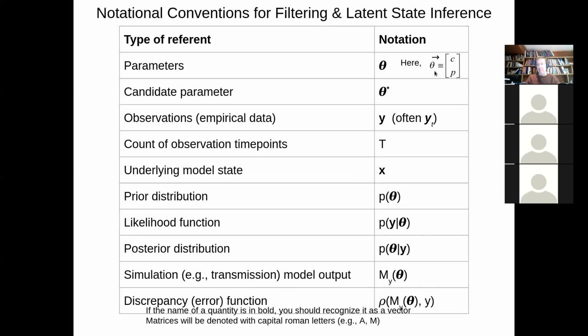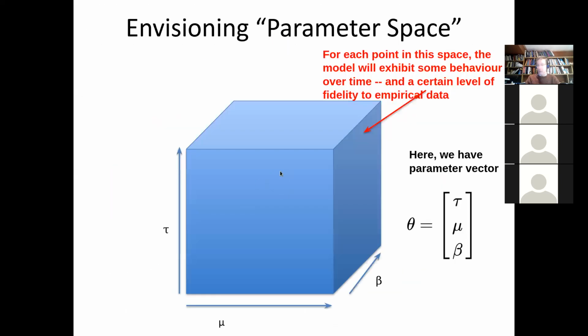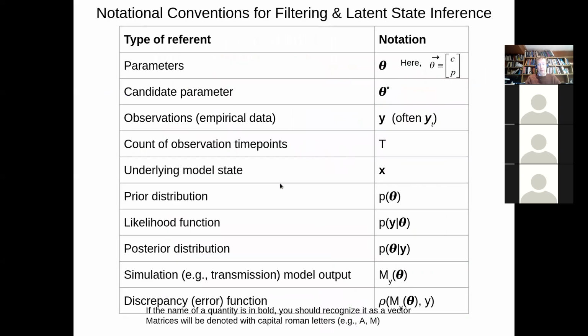So the parameter vector summarizes the point in parameter space at which we're located. It summarizes where we are within this space, the coordinates within this space, as it were, the value of beta, the value of mu, and the value of tau. That's what that parameter values vector is going to give us.